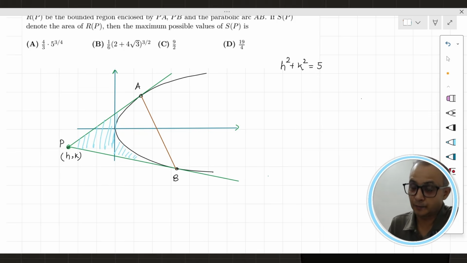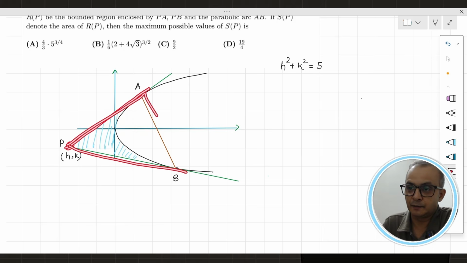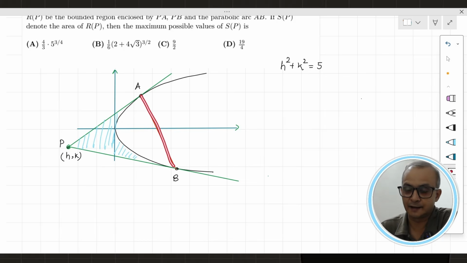So the property is this one. If there is a point from where I draw the two tangents, PAB will be a triangle, and this triangle decides the area outside of the parabola and inside the triangle, and again one area inside the parabola within the triangle.